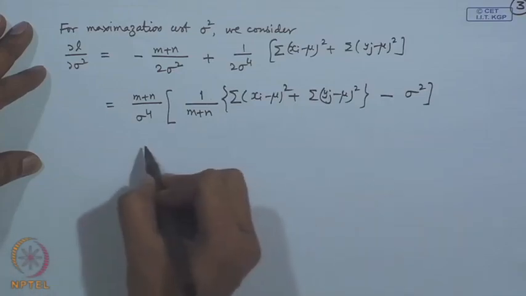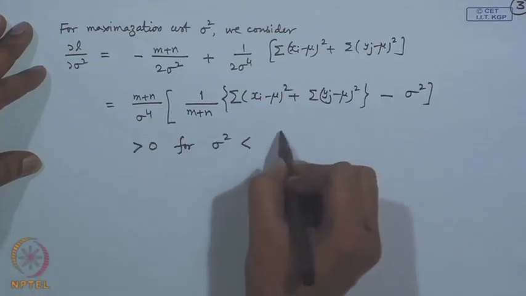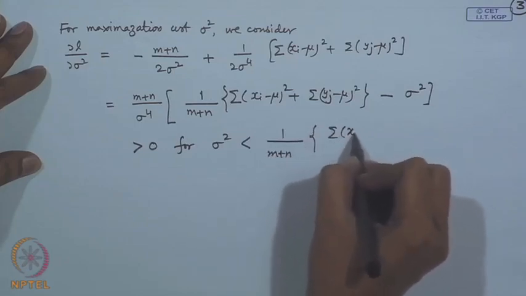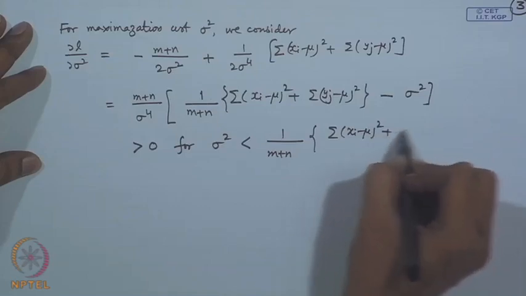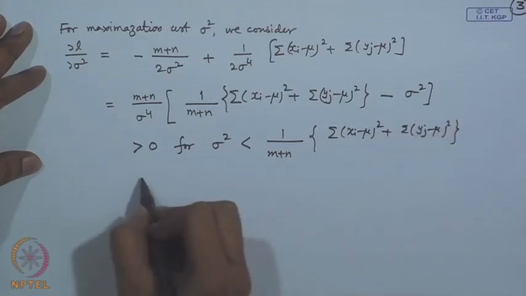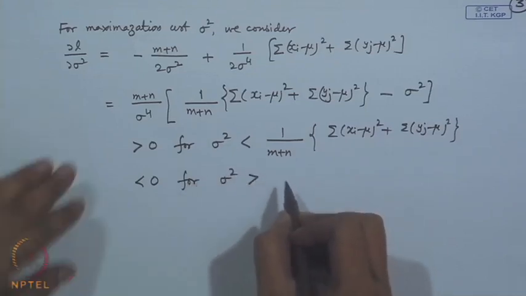So, naturally you can see this is greater than 0 for sigma square less than 1 by (m plus n) times (sigma x i minus mu) square plus (sigma y j minus mu) square, and it is less than 0 for sigma square greater than this value.